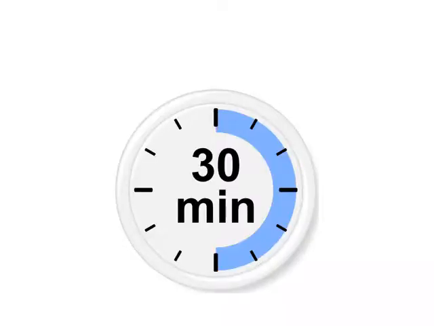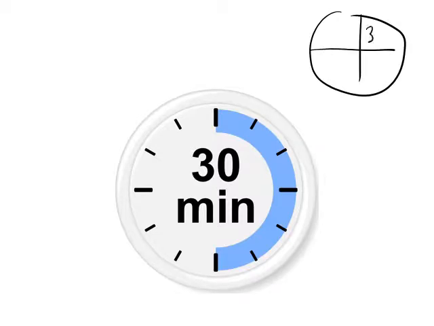Okay, key thing about the exam is remember it's in 30-minute chunks. So your exam in terms of quarters will each be 30 minutes. So you should keep an eye on how far you're getting.